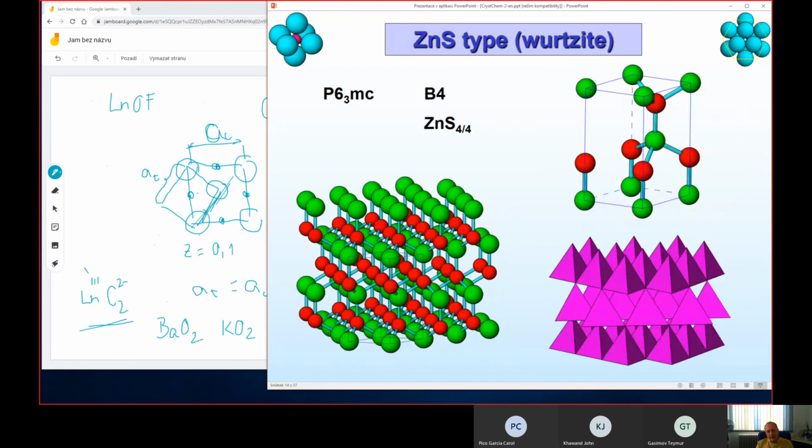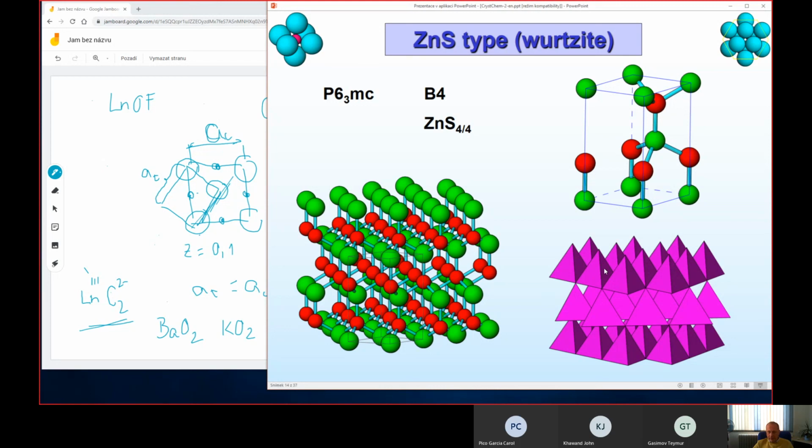Now, as already mentioned in the overview table, if you use the hexagonal close packing of sulfur atoms and you put the zinc in 1/2 of tetrahedral positions, you obtain the other polymorphic form of zinc sulfide, which is called wurtzite. So you see that we have green sulfur atoms and zinc atoms are in tetrahedral positions.